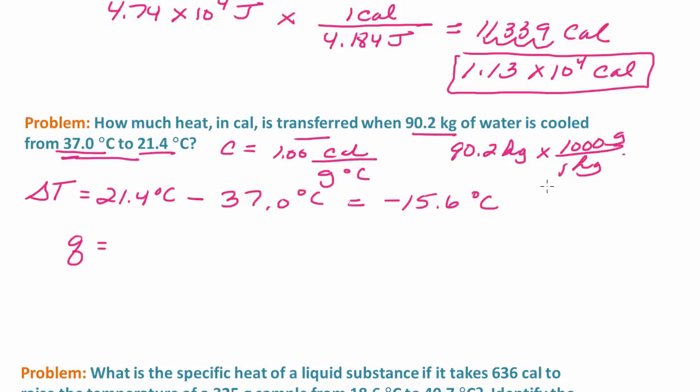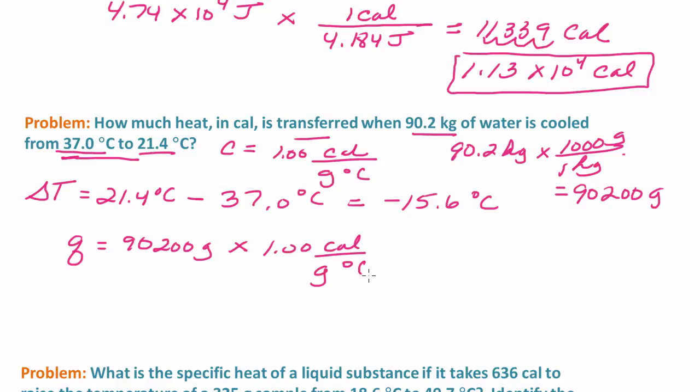So this is going to give us 90,200 grams. So let's put that in. We have 90,200 grams times the heat capacity, which is 1 calorie per gram degrees Celsius, times delta T, which is a negative 15.6.